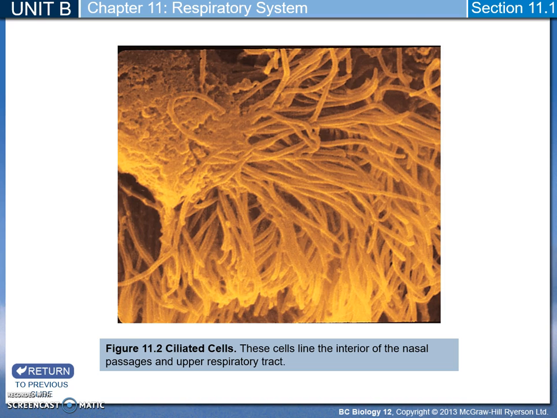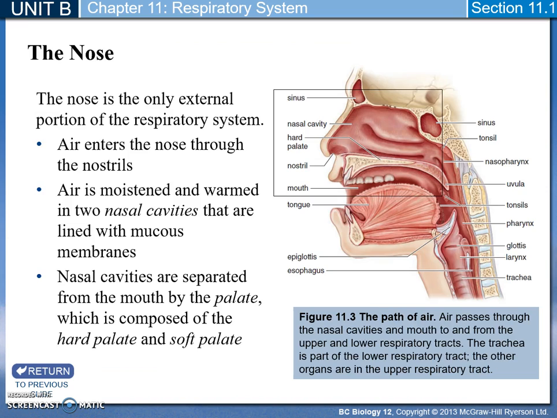Here's a close-up image of the ciliated cells, and these cells line the interior of the nasal passages and the upper respiratory tract. The nose is the only external portion of the respiratory system, so air enters the nose through the nostrils, and air is moistened and warmed in the two nasal cavities that are lined with mucous membranes.